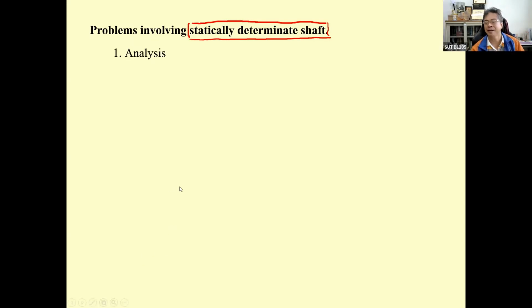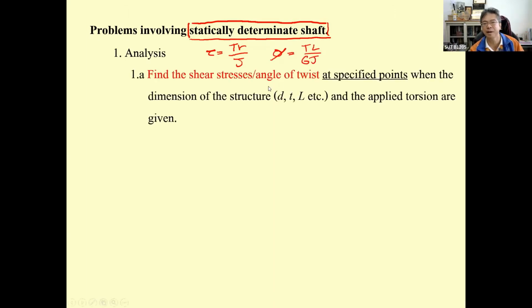And there are going to be 3 types of problem. 1, the analysis. Follow the equation we just mentioned. We can determine the shear stress. We can determine the angle of twist. And that is going to be analysis 1.